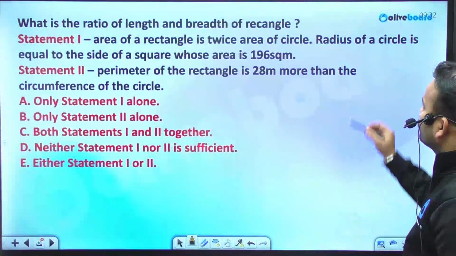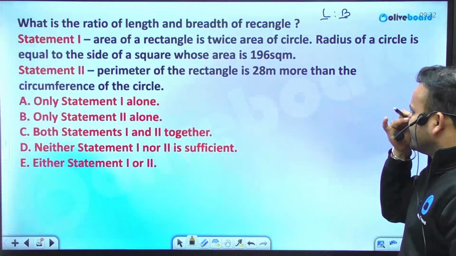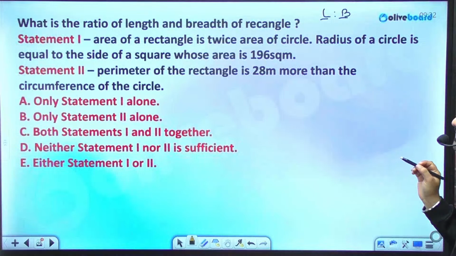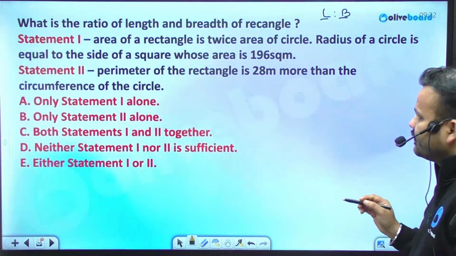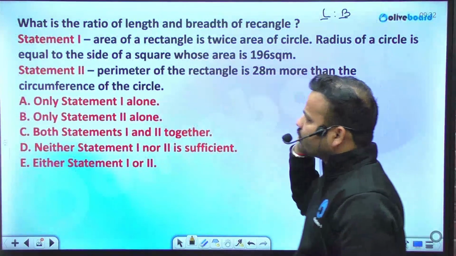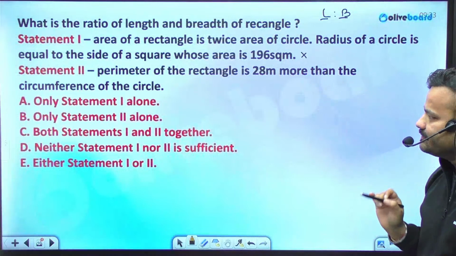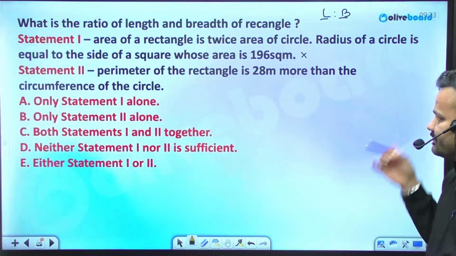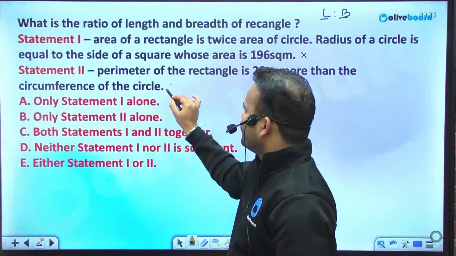You need to calculate the ratio of length and breadth of a rectangle. Clear? Statement 1 says the area of the rectangle is twice the area of the circle. The radius of the circle is equal to the side of a square whose area is 196. Fine. So from here, the area of the rectangle will be known, but we don't know the ratio of length and breadth. So statement 1 alone won't give the answer. Statement 2: the perimeter of the rectangle is 28 more than the circumference of the circle. From here also we won't be able to calculate the answer.